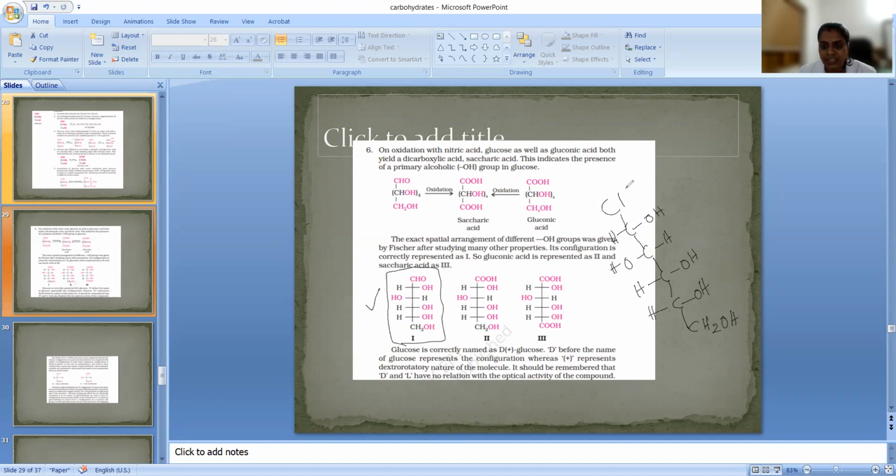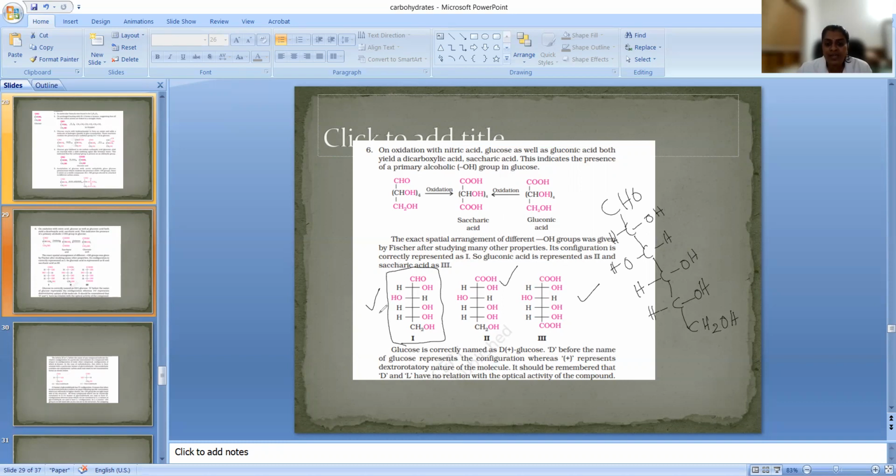So this is the structure of glucose. From all this evidence, we understand that the structure of glucose is this. The structure of gluconic acid is this, and the structure of saccharic acid is this. Okay. So we actually need the structure of glucose only. So this is the structure of glucose.